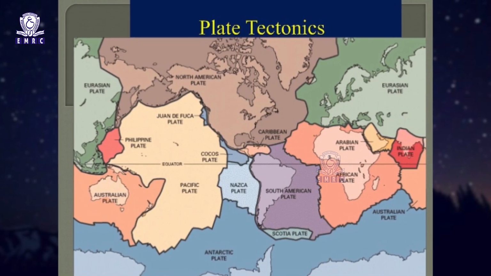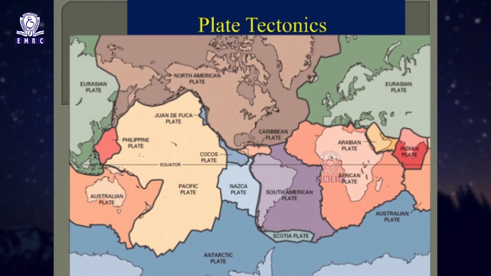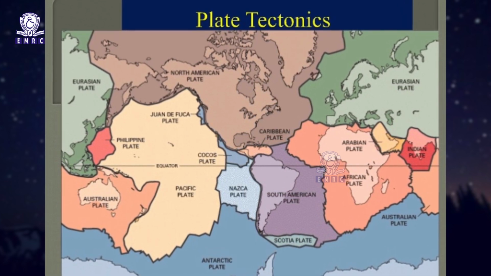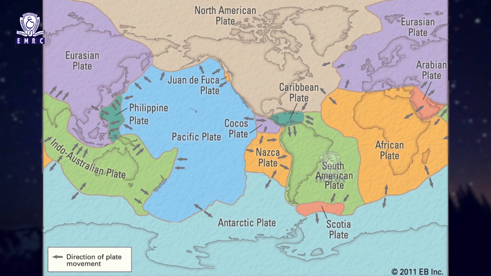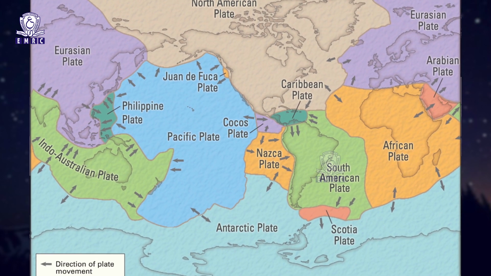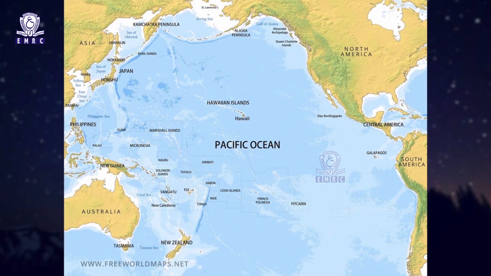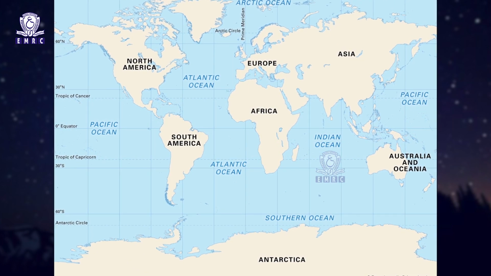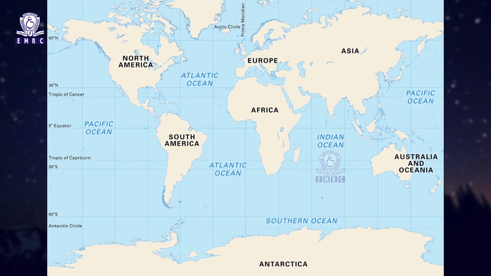Even though the theory of plate tectonics is the most comprehensive theory with a scientific outlook, there are a few criticisms leveled against this theory by geologists and geophysicists, which are as follows. Plate tectonics theory is unable to explain why subduction is mostly limited to the Pacific Ocean, while spreading centers are found in all the oceans.